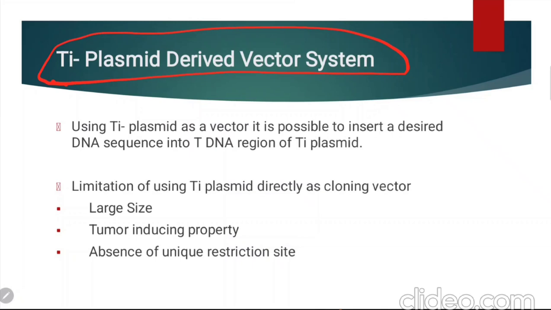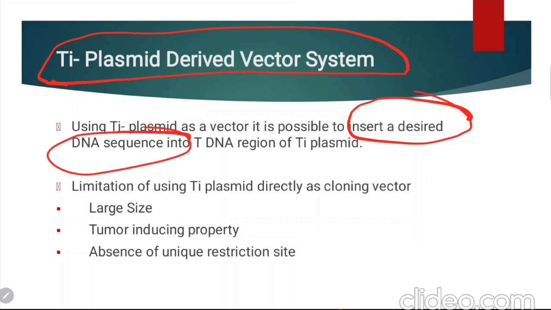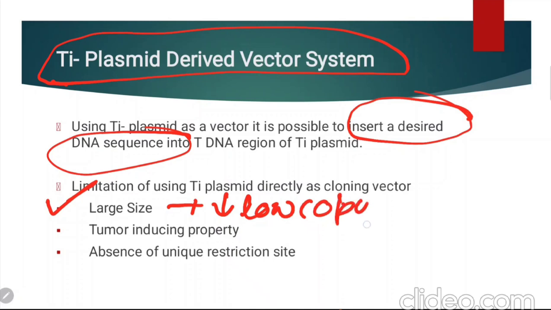So what is a vector? As the name suggests, it will carry our desired gene of interest. But there are certain limitations. First of all, it is large in size, therefore low copy number. Low copy number, thereby we can't amplify it much.